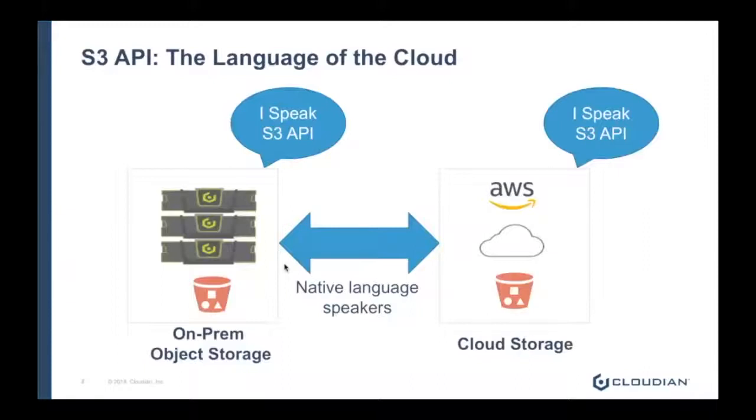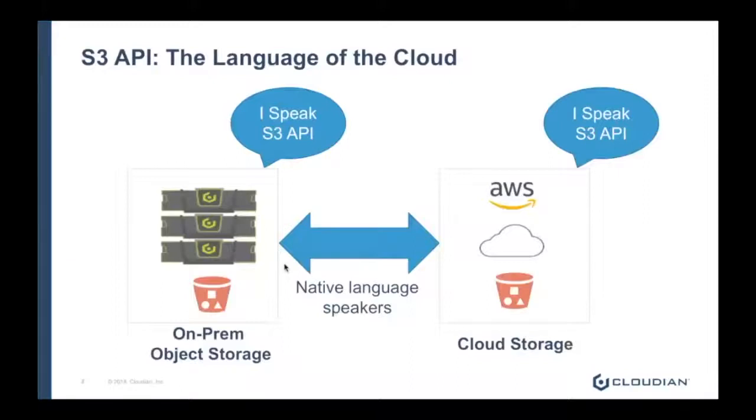Just a little quick clarification. I think this is a point of confusion often, and that is that the Amazon cloud, which is called S3, the Simple Storage Service, you probably know, but if you don't, I'll just lay it out. It speaks a language, a protocol called S3.